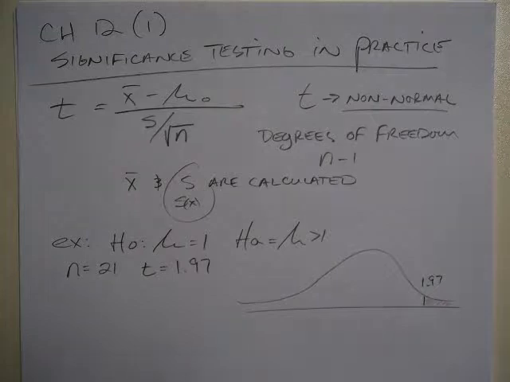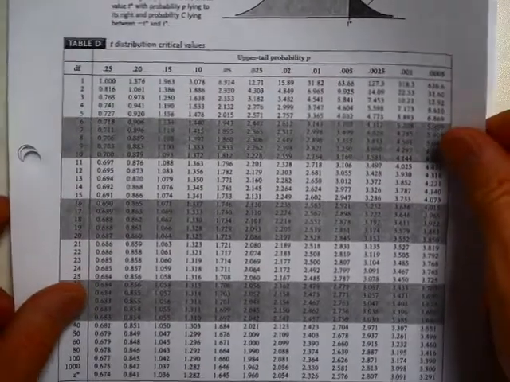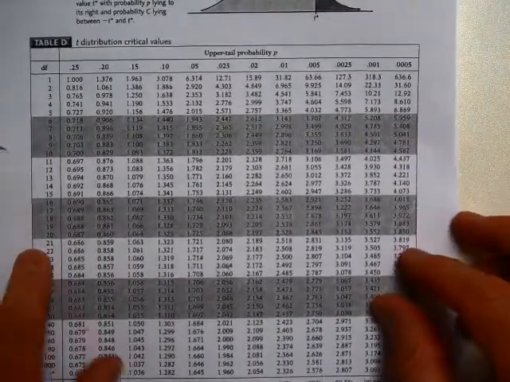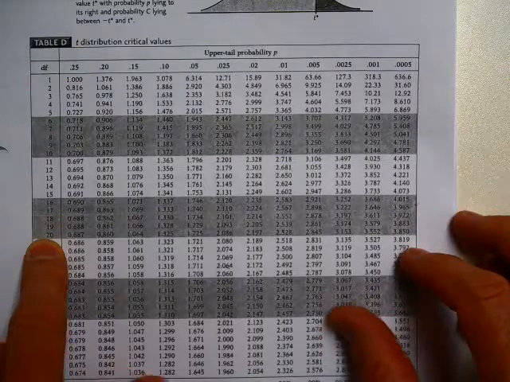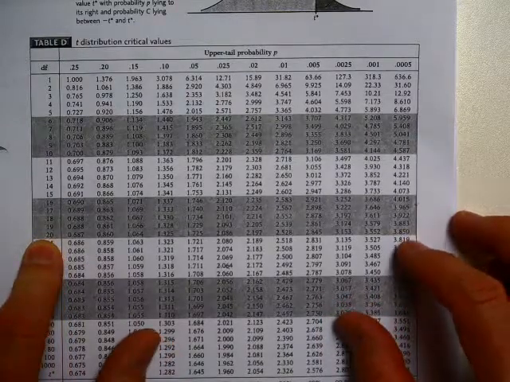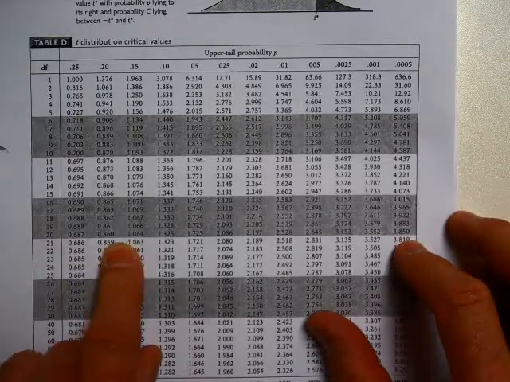So what we're going to do on table D is look for this 1.97 value. If n is 21, our degrees of freedom are 20, right? So I'm going to look on table D at 20, and I'm looking for the closest value to 1.97 as I can get, or between values, most likely.